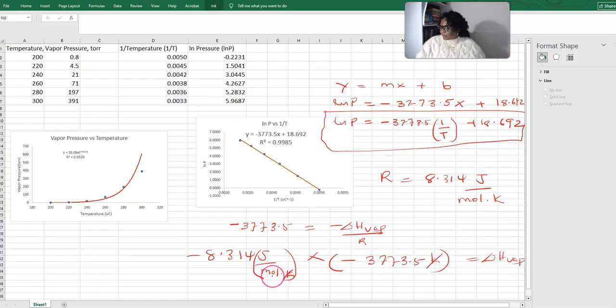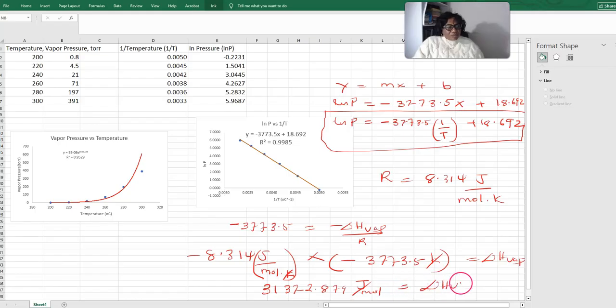Cancel K, then multiply. So 8.314 times 3773.5 equals 31,379 joules per mole.